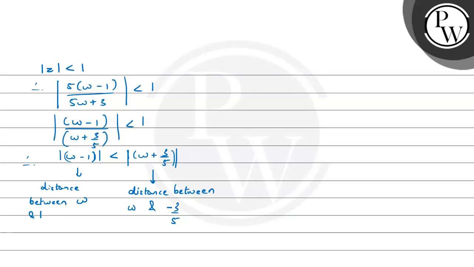Let's now look at the graph. Let's say this is the imaginary axis or y-axis and this is our real axis or x-axis. Now the complex number minus 3 by 5 will be located somewhere here and let's say 1 is located somewhere around here. Now the complex number between minus 3 by 5 and 1 is 1 by 5, located somewhere around here.